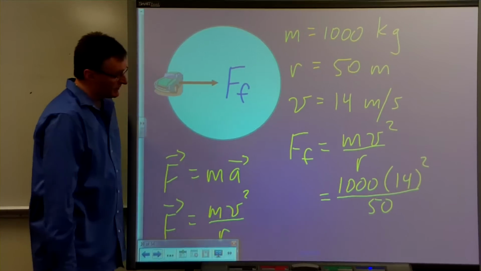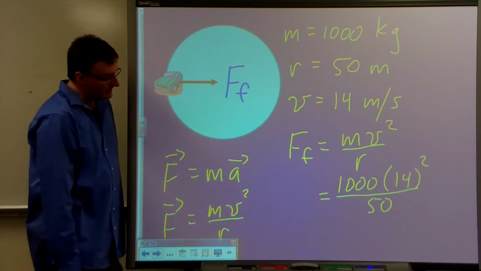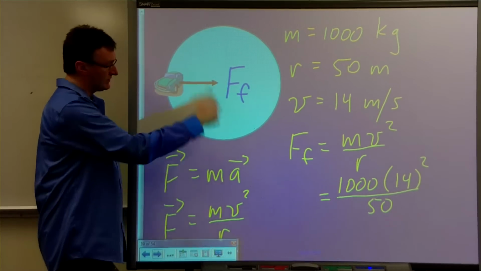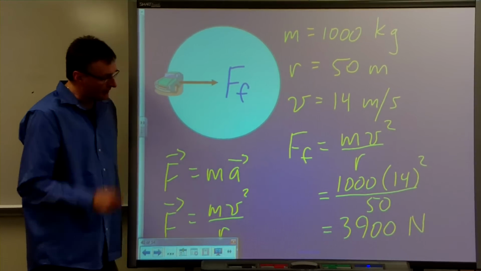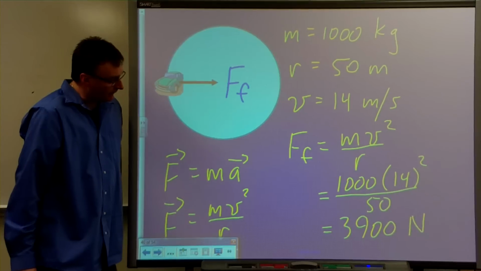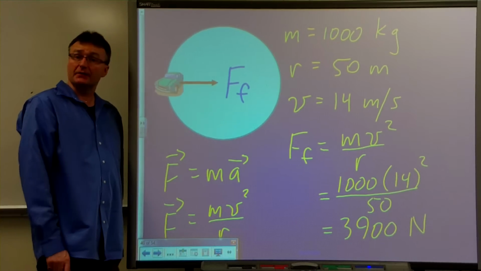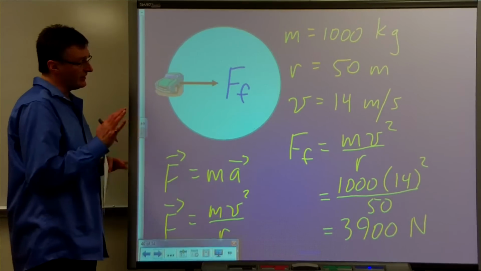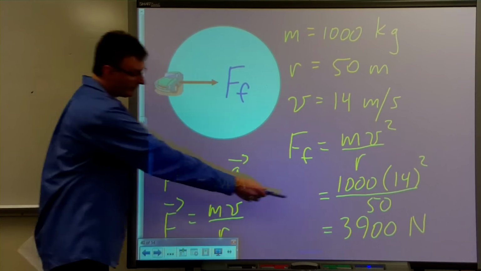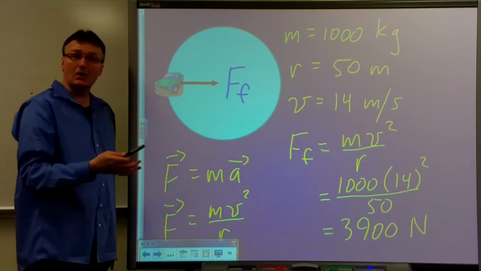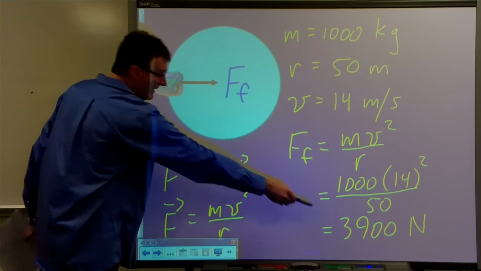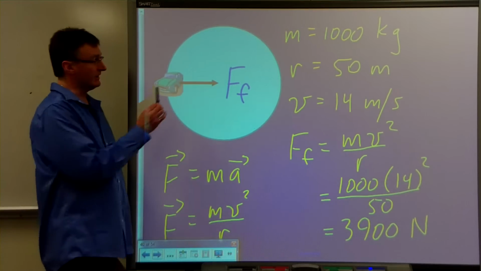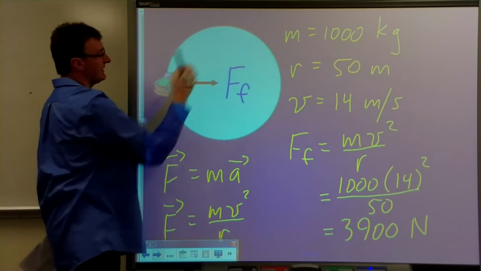Its speed is 14 meters per second, and the radius of its motion is 50 meters. So that will give us a required force of 3,900. So if our friction force is more than 3,900, then we know that the car will not skid off the road. So that is, the 3,900 is the force needed to keep it moving in that circle.